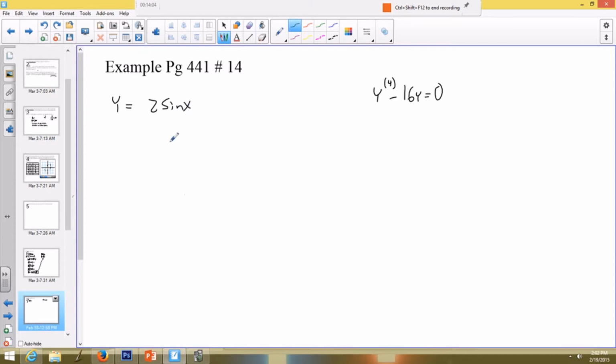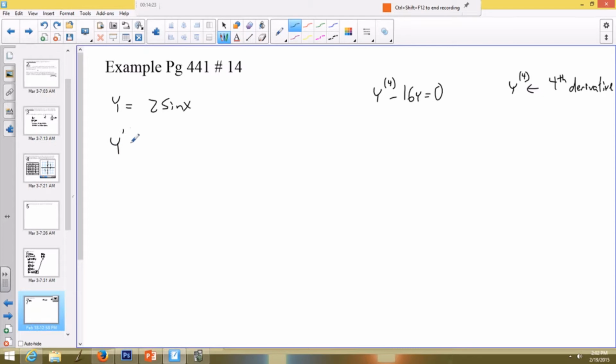Okay, and so this here is what I'm most concerned about. y to the fourth is the fourth derivative. We haven't seen that in a while, so I thought I'd go over that.